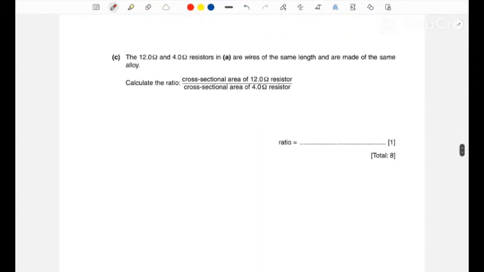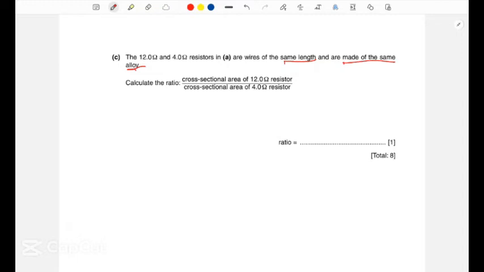Part C. The 12 ohm and 4 ohm resistors in A are wires of the same length and are made of the same alloy. Calculate the ratio of the cross-sectional area of the 12 ohm resistor to the cross-sectional area of the 4 ohm resistor. Now we have to be careful here because it has asked us the ratio of the cross-sectional area, not the ratio of the resistance.